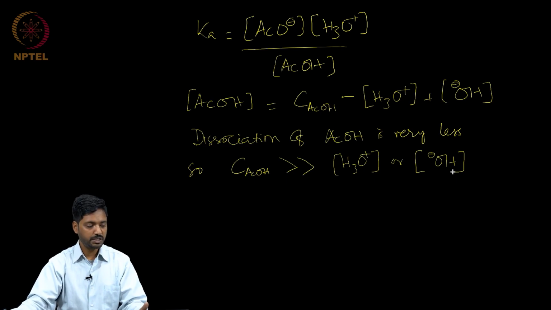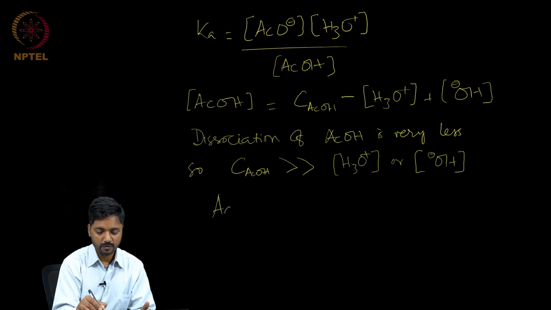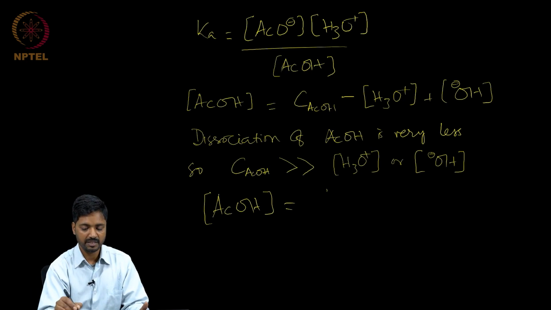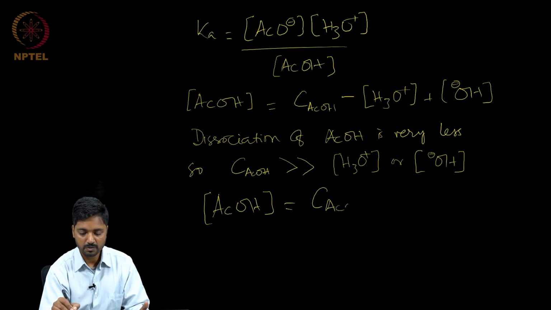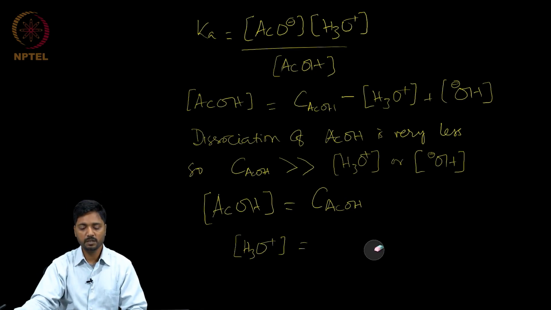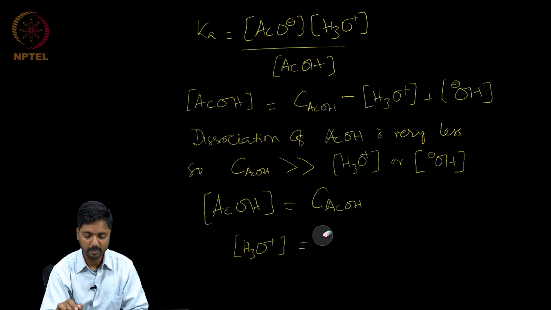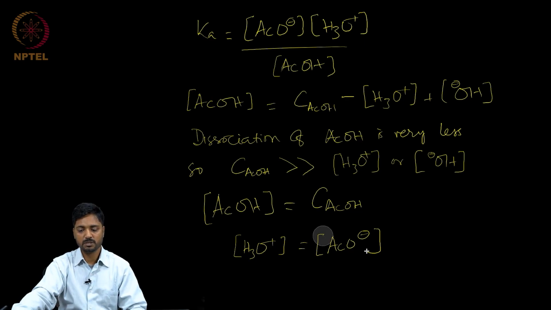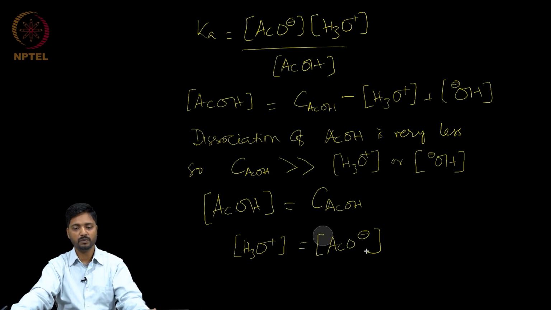So, not much changes here, and what we presume is that the equilibrium concentration of acetic acid is similar to the original concentration of the acetic acid. Another presumption that we have is that the hydronium ion concentration is equal to the acetate anion concentration, because acetic acid dissociation is going to be our key source of the hydronium ion in the medium.